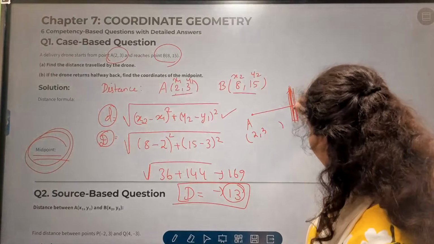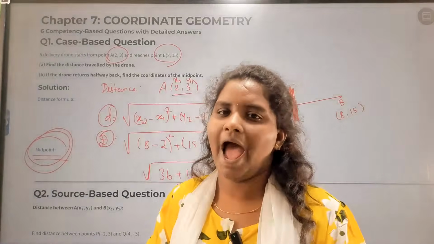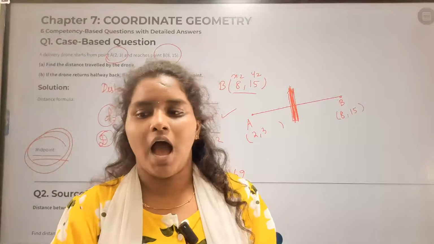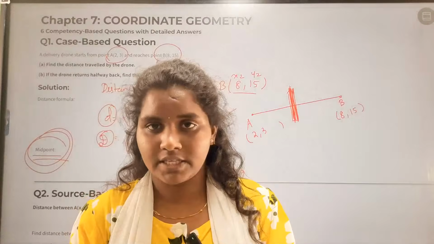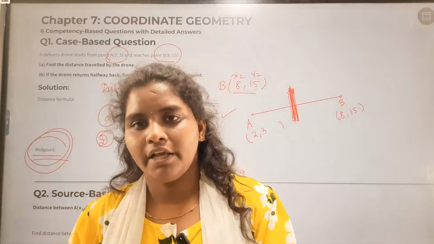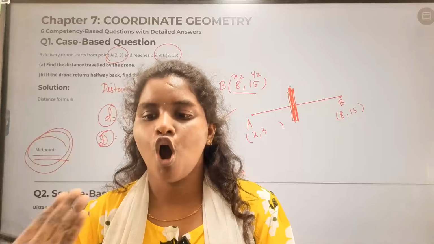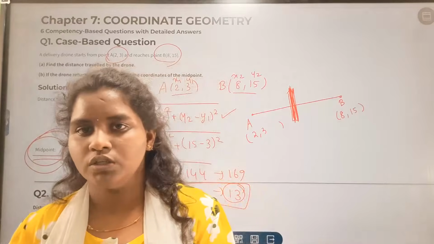So how will we find it? Just adding abscissa. Abscissa means it's the x-axis, right? So just add the x values and divide by 2, and add the y values, which means the ordinate, divided by 2, it's the midpoint.